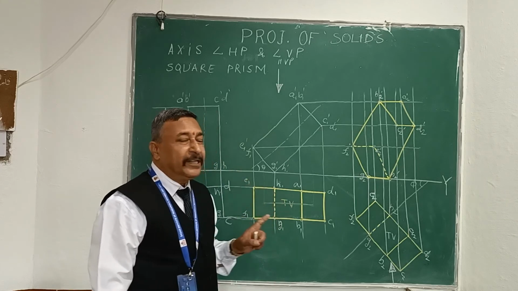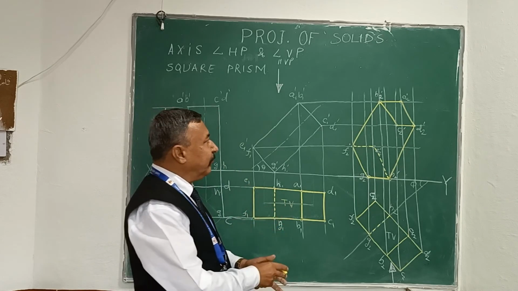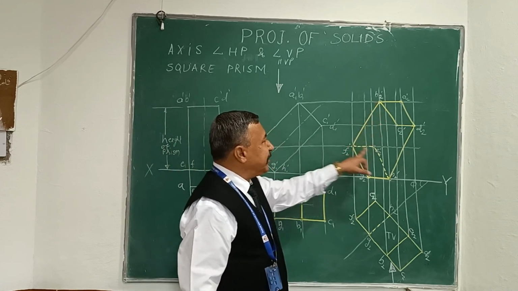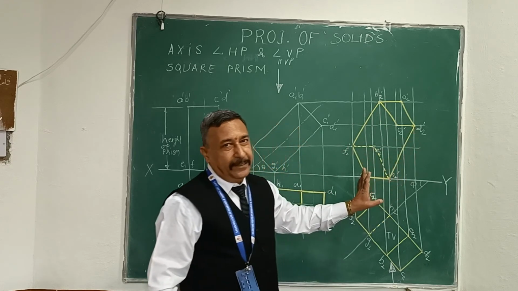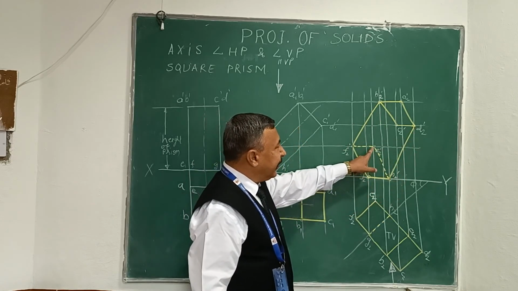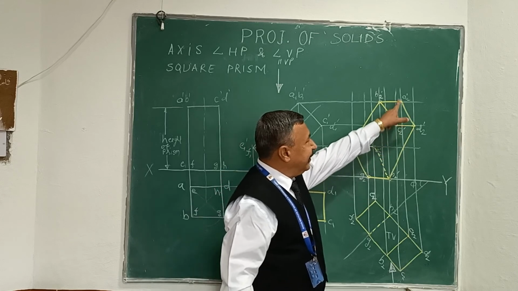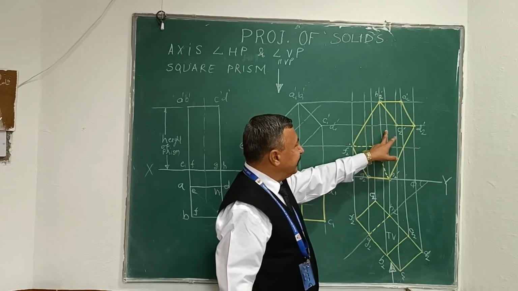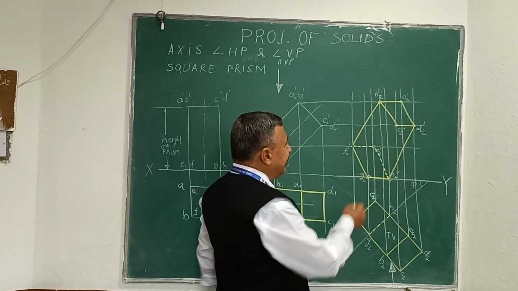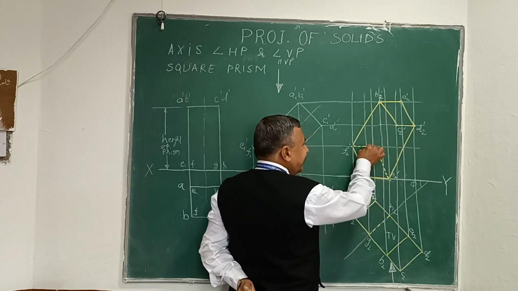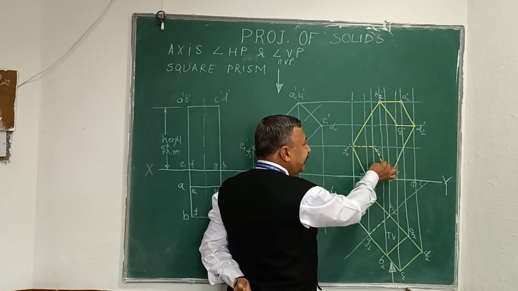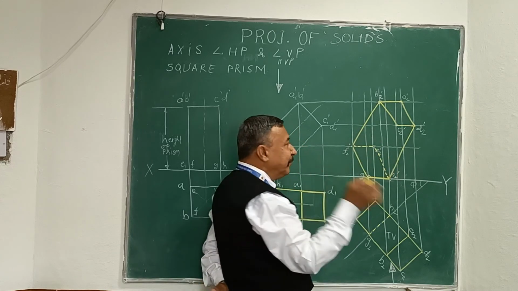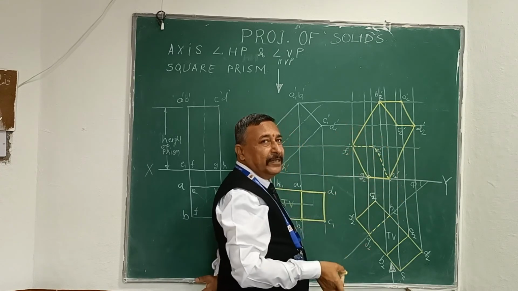Now we have to draw the edges of the faces. See, two edges of the faces are already joined. Now we have to draw only this edge of the face and this edge of the face. See here, this edge is invisible, this edge is invisible, means this corner is invisible.